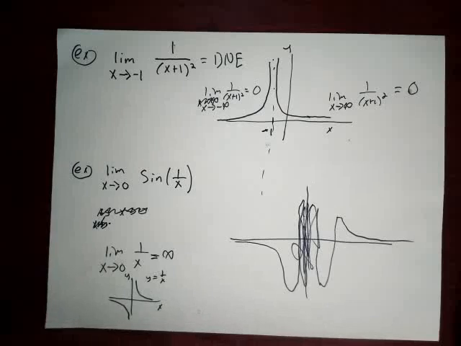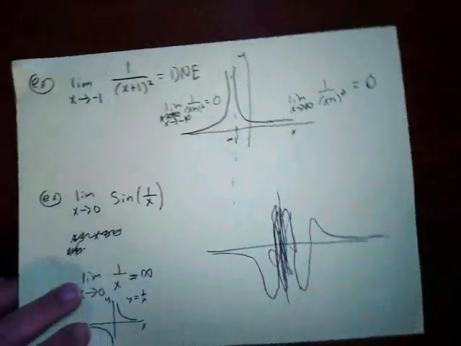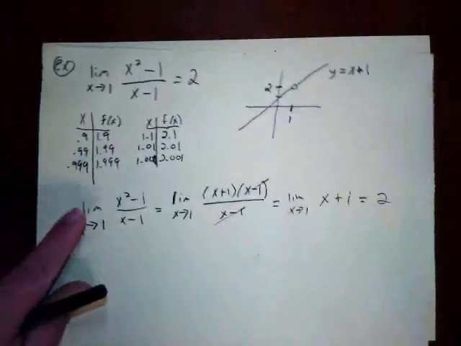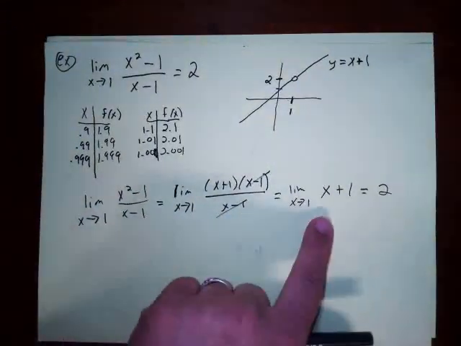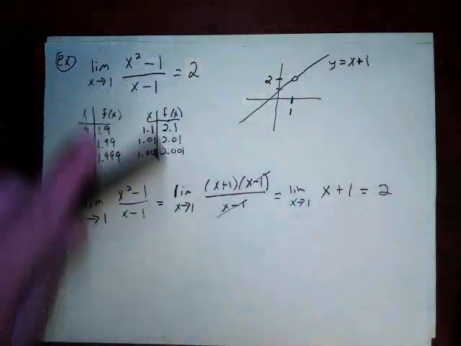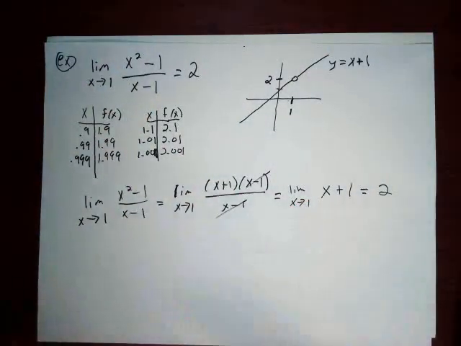Some of these we already took advantage of, as we talked about being able to factor it and cancel and take the limit of this, and to know that that limit would be the same as that. I'm really taking advantage of some of the rules that we're going to look at.